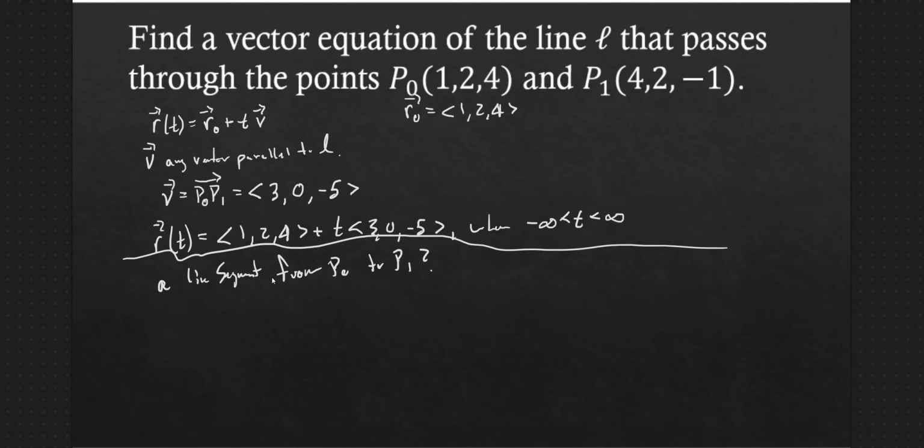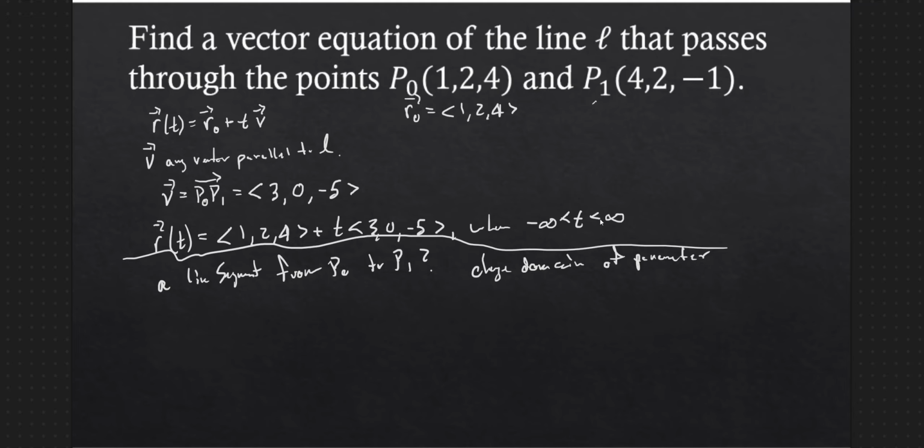Well, I get line segments by changing the domain of my parameter, so that if I put the left bound in for t, I get R0, and if I put the right bound in for t, I get the head at P1.